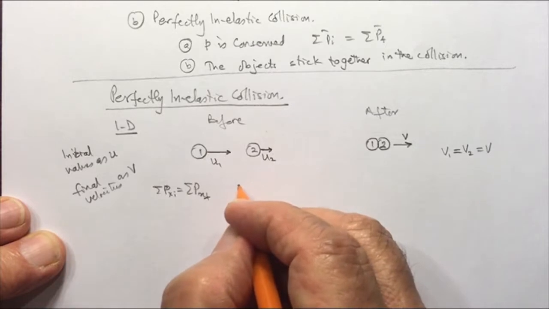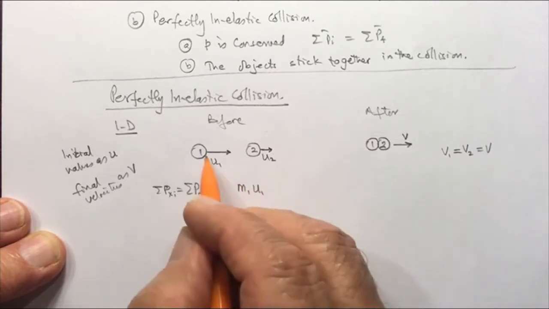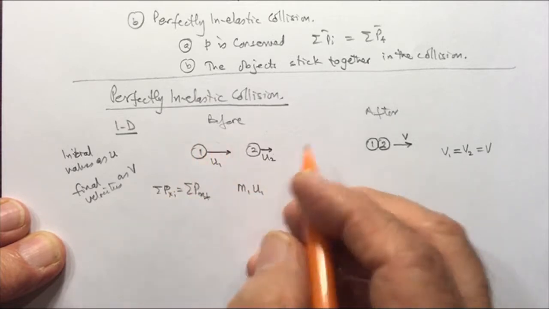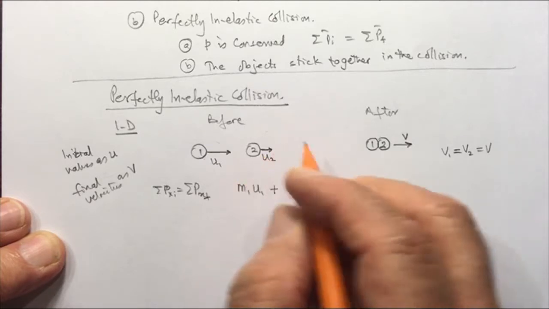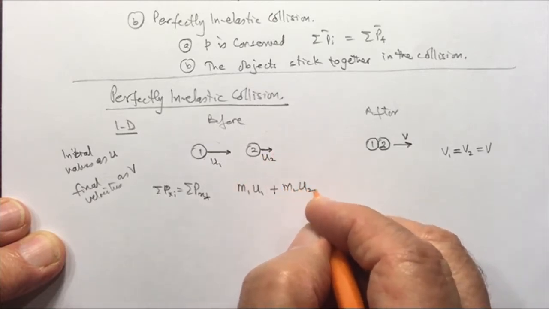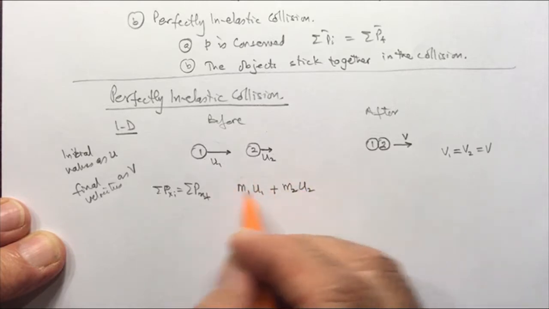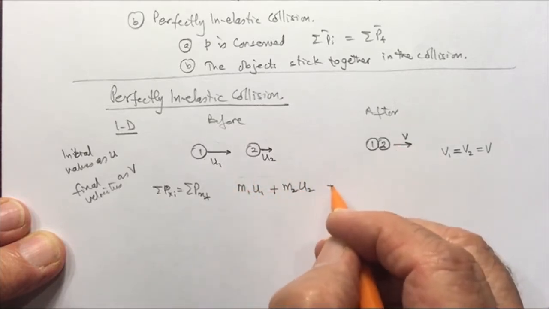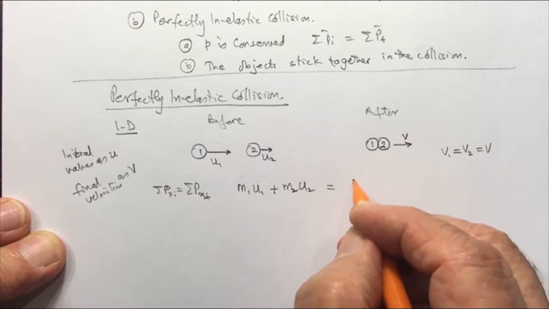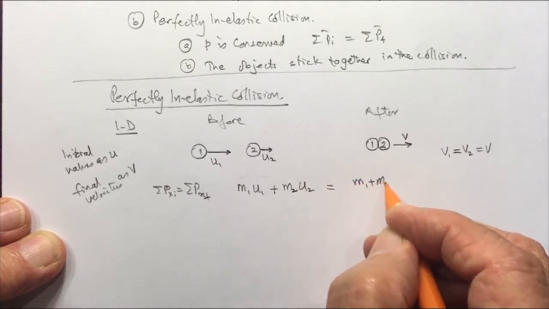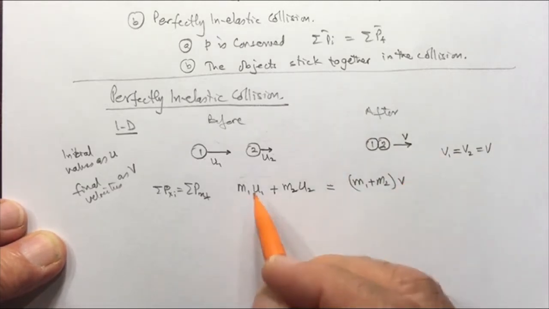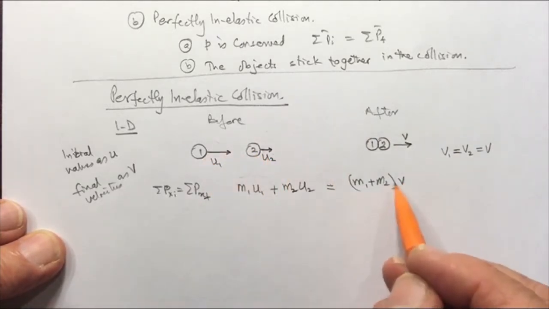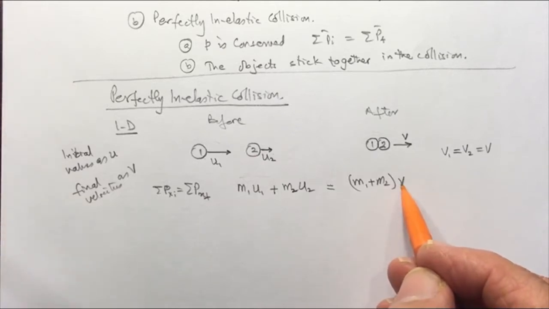So this is going to be m1 u1, that's the x component of momentum for p1. Well, since it's 1D, we could just say it's the momentum, and m2 u2. So this would be the initial, and the final would be m1 plus m2, because now it's one object moving with velocity v. So if we know u1, u2, and m1 and m2, we can find the final velocity.